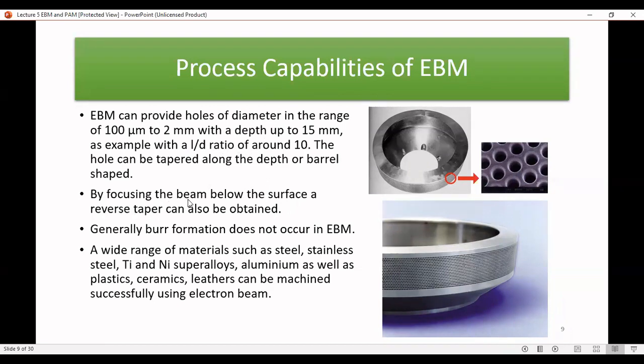But by focusing the beam below the surface, a reverse taper can also be obtained. What it means by reverse taper is this.